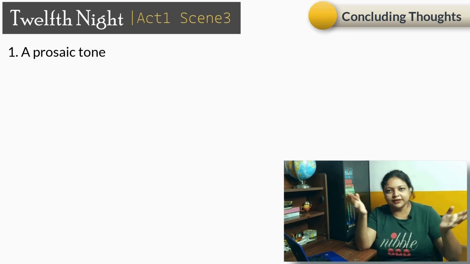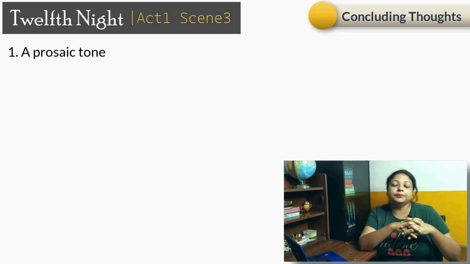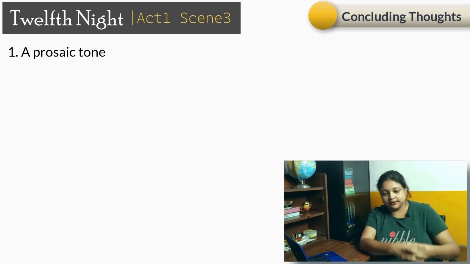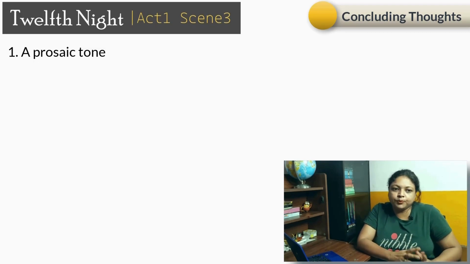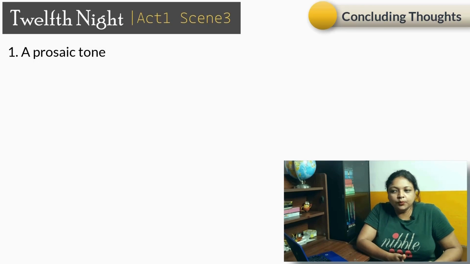My brother, he is in Elysium. And then, of course, Orsino's speech is all full of musicality and rhythm and rhyme. So while the first two scenes present to us a poetic style of dialogue, here we have real prose, raw prose, vulgar prose.